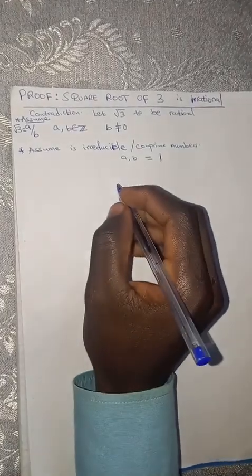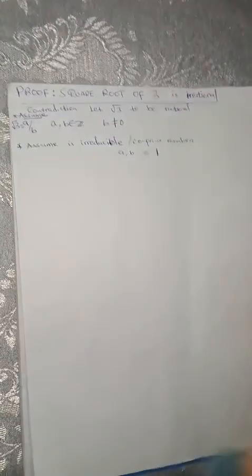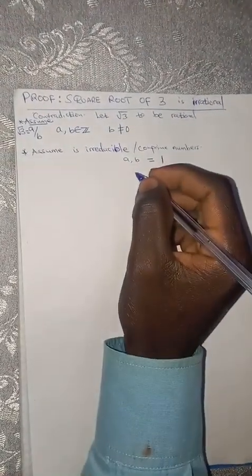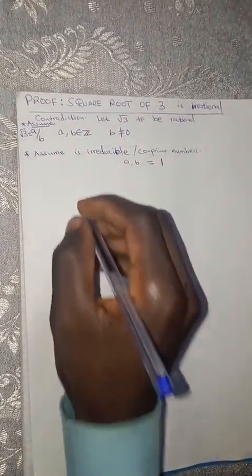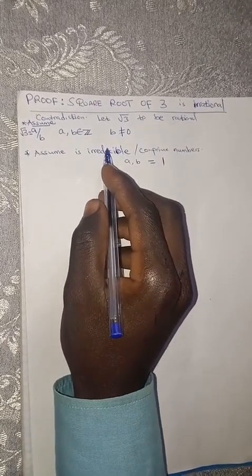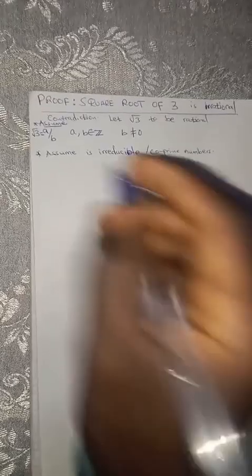If this contradicts, then the square root of 3 will be irrational. Now let us claim that it is rational, can be written in fraction form, and is irreducible. Then let's find the solution.